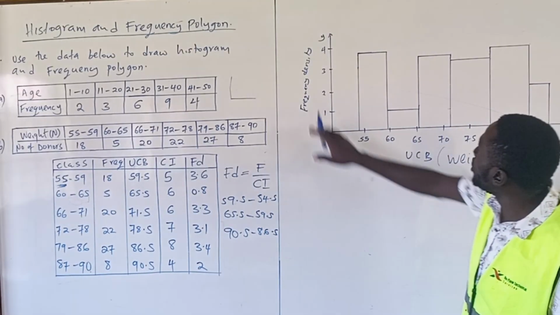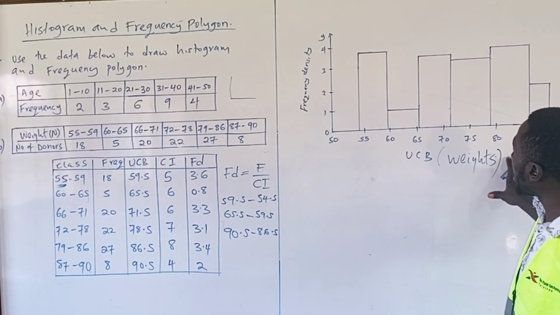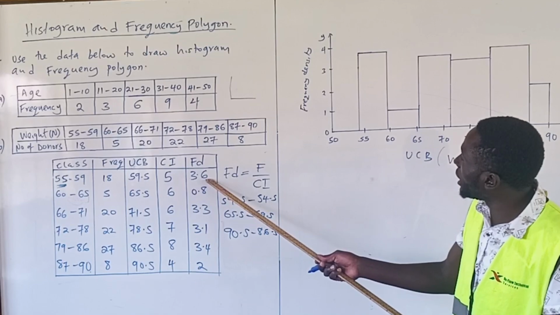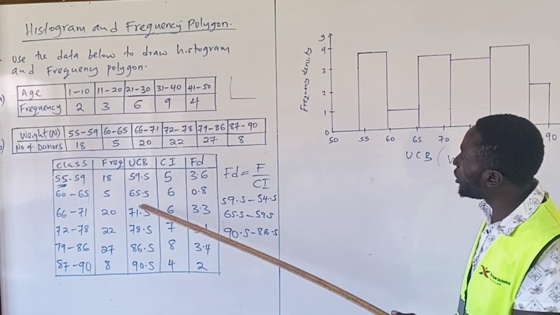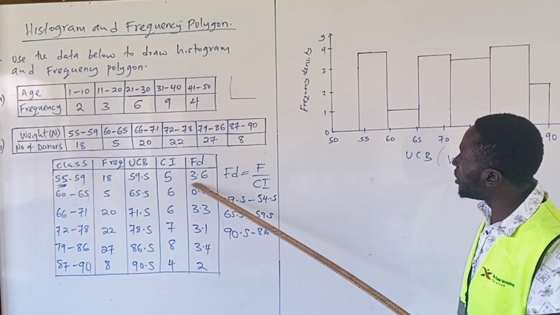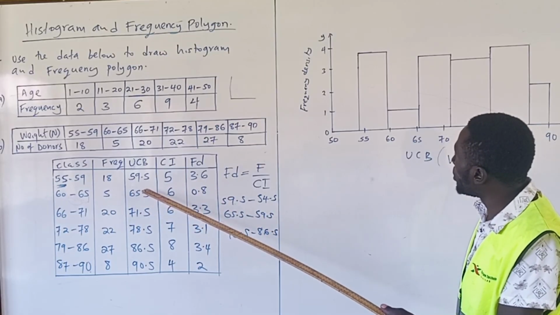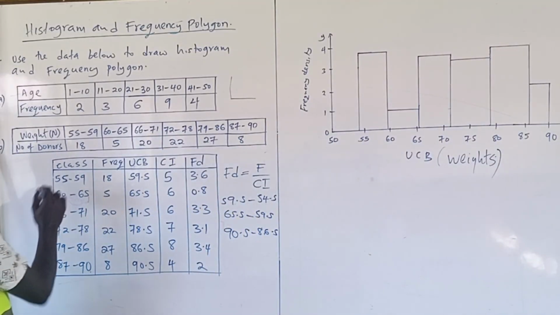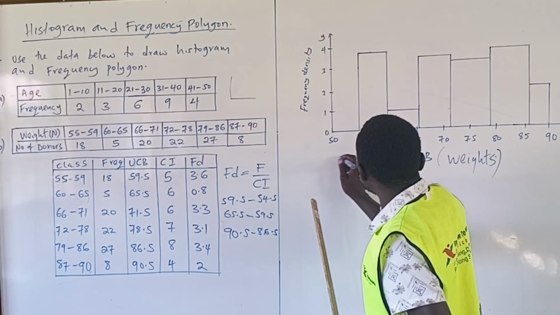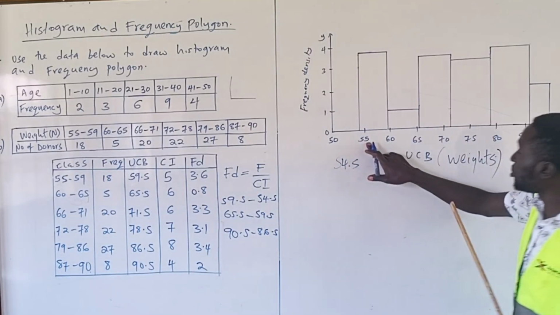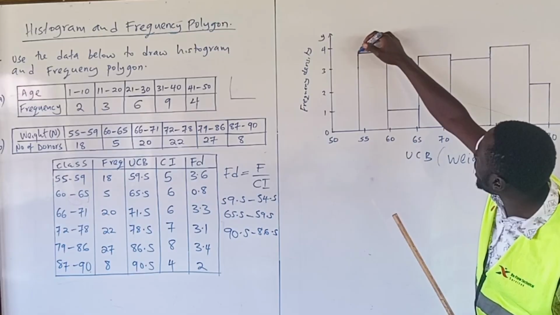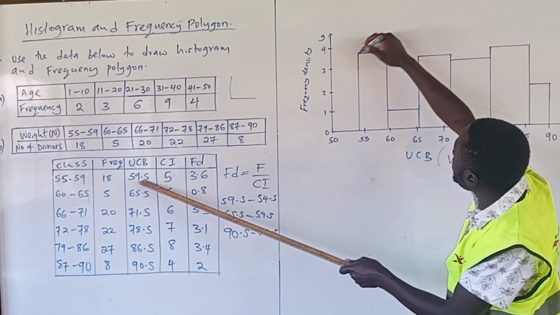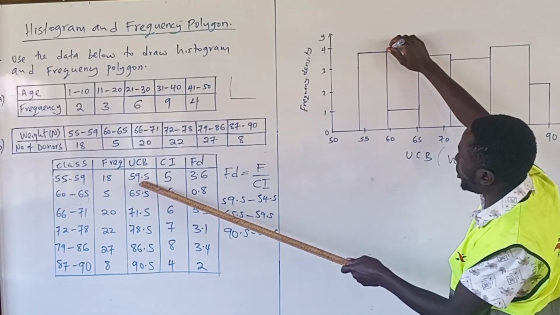So we now want to plot frequency density against the upper class boundary. The value begins here with 54.5, which is before 55. So this is the class. Then the other one moves up to 59.5.